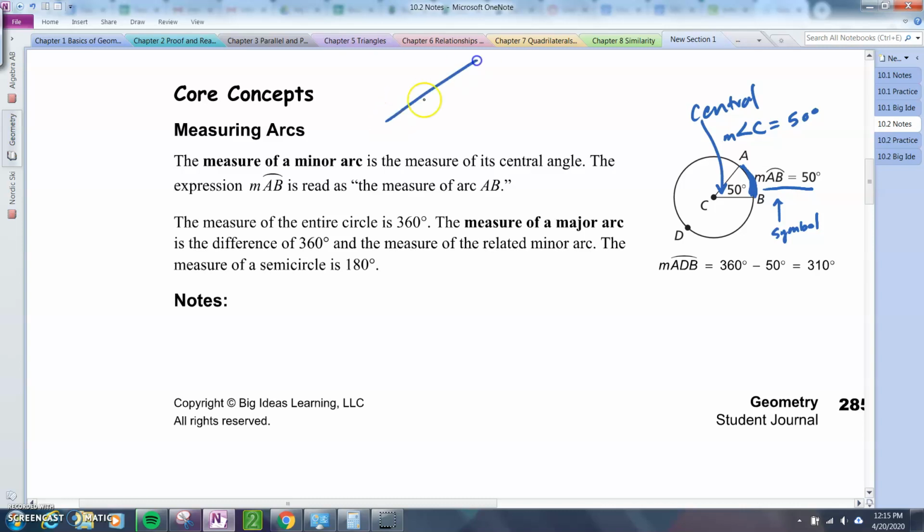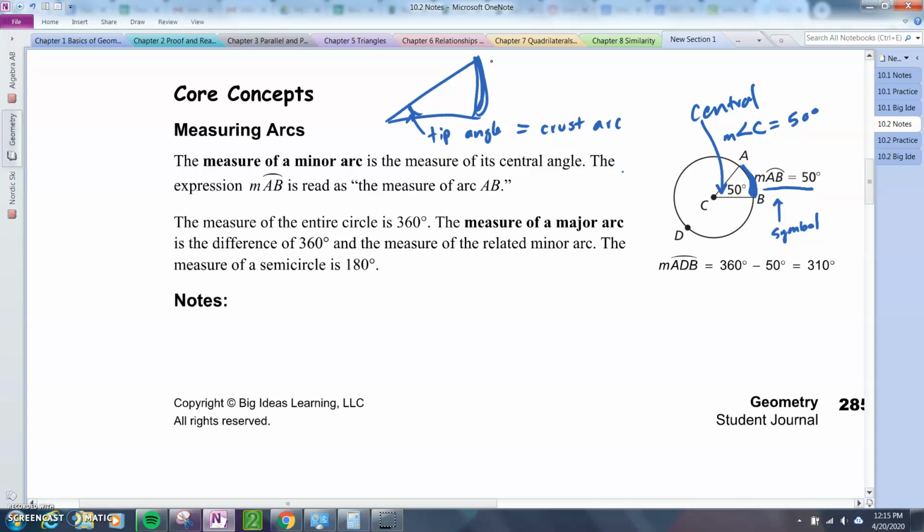If you have a piece of pizza, the tip angle equals the crust arc. So that's how it's going to work. They're going to be the same measurement. This here and this, the notation is going to be different.